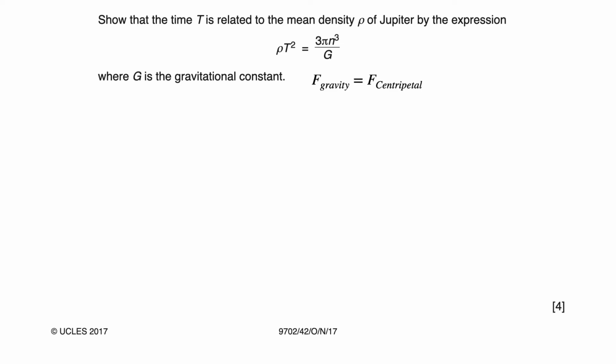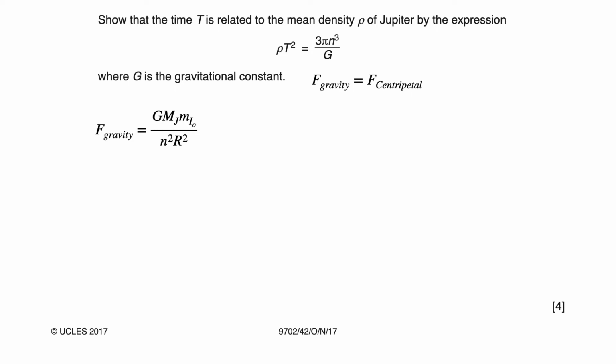So force due to gravity is equal to force due to centripetal force. Now let's write the expression for these two forces. Force due to gravity is G, M J meaning mass of Jupiter, and M Io meaning mass of the moon, over n squared R squared, because in general this force of gravity, as we stated in the first question, is directly proportional to capital M small m and inversely proportional to the distance between them.